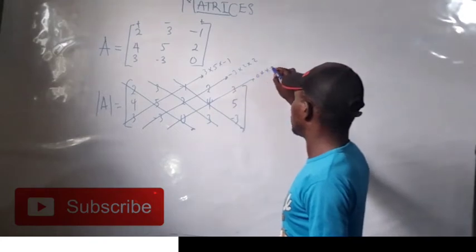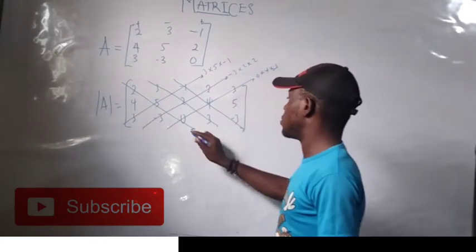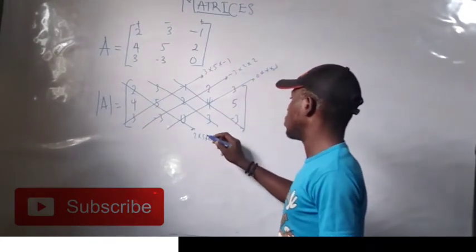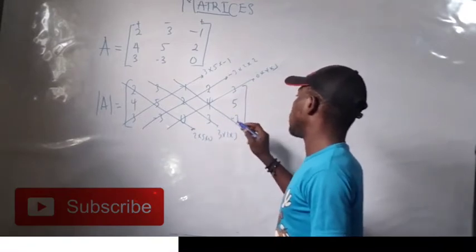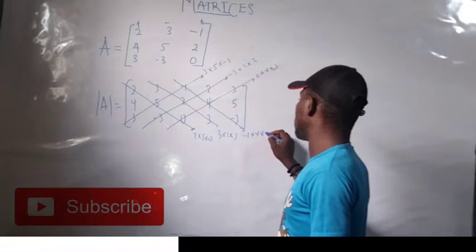Then the downward ones: 2 times 5 times 0, 3 times 2 times 3, minus 1 times 4 times minus 3.